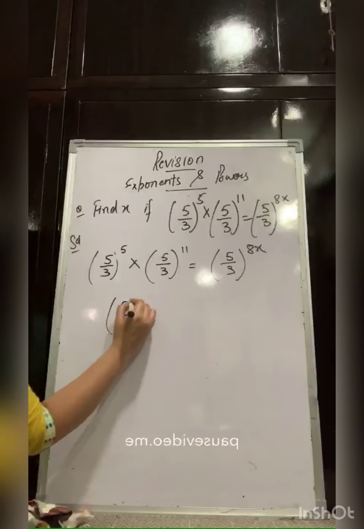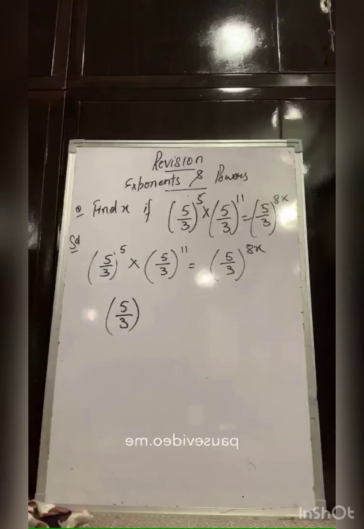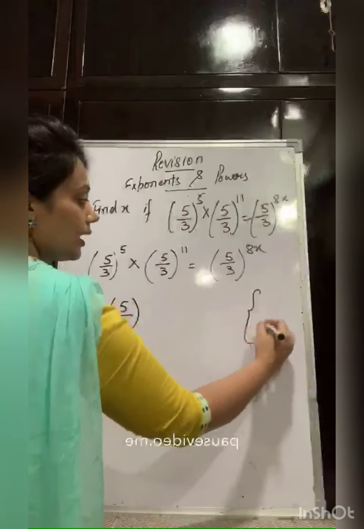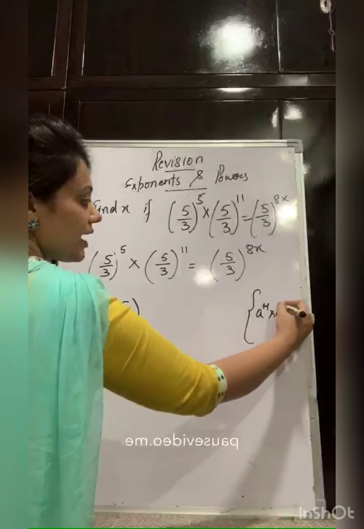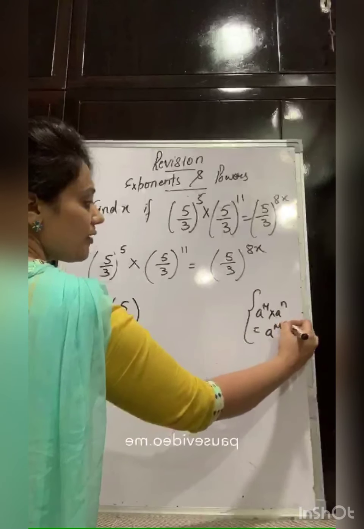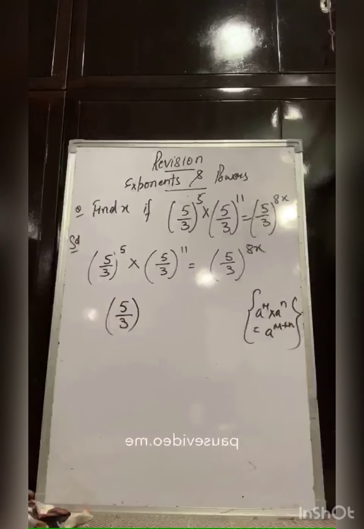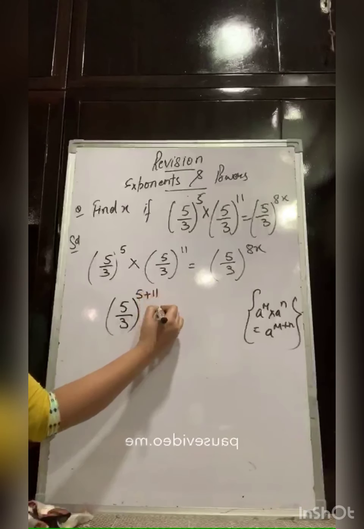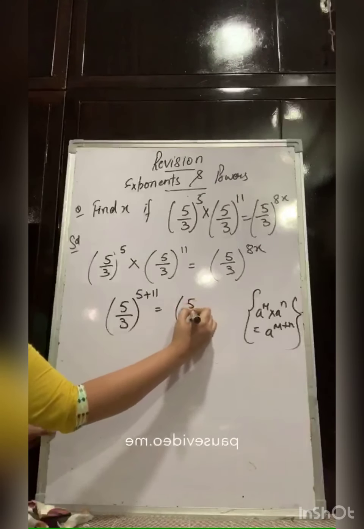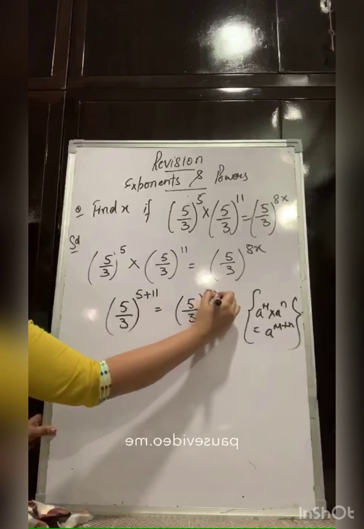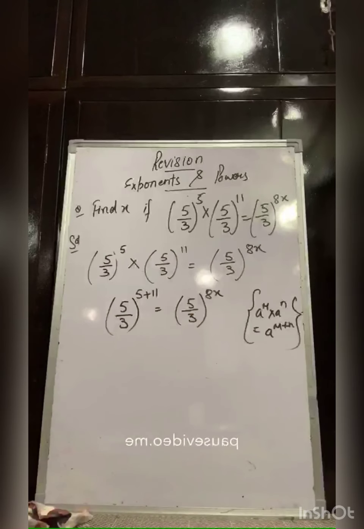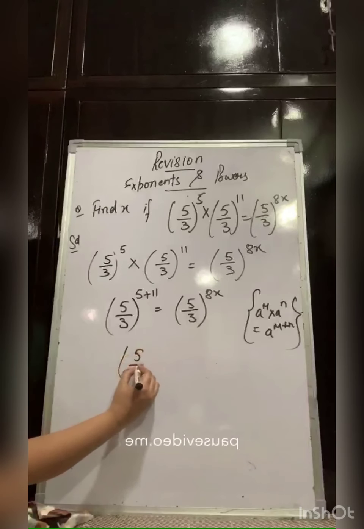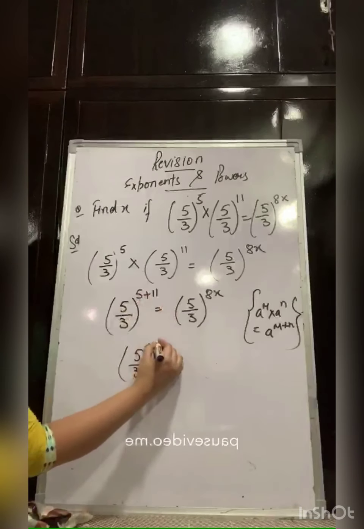So using that law, a raised to power m into a raised to power n is equal to a raised to power m plus n. What we will get? (5 by 3) raised to power 5 plus 11 is equal to (5 by 3) raised to power 8x. So it becomes (5 by 3) raised to power 16.